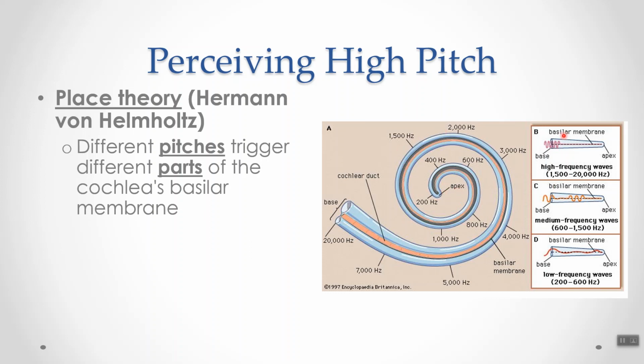So what happens is we know that there's a high concentration of high frequency waves at the base of the cochlea. So right around here, you see that there's a really high concentration of these really high frequency waves, right? And so that tells us that we're hearing this kind of high frequency, okay?